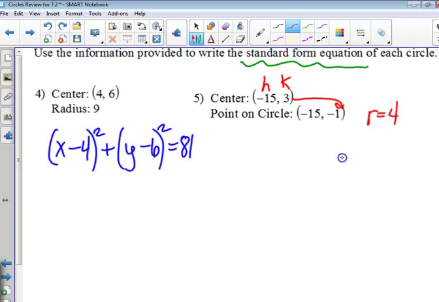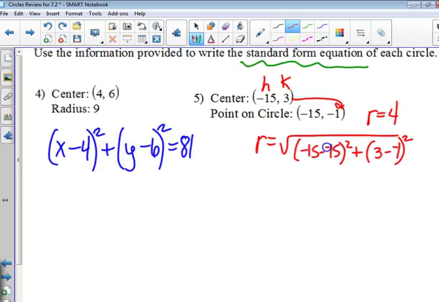But what if they didn't line up horizontally or vertically? Yeah, to find the radius, you could use the distance formula, yes? Okay. So I'm just saying that, just so you know how you could do it if they didn't line up.